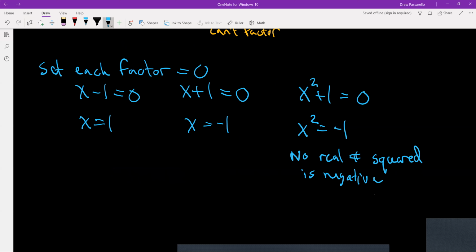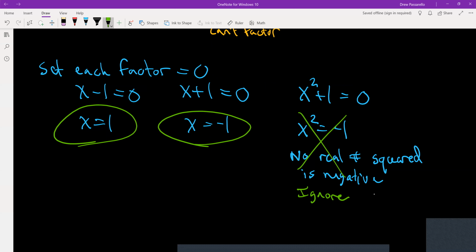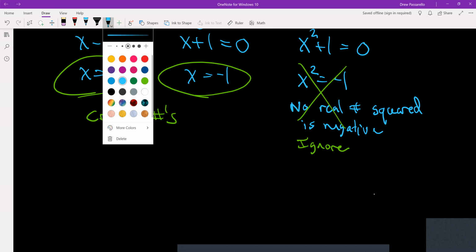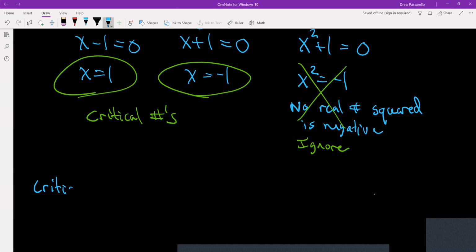So I ignore this one. Okay, so I have these two values as my critical numbers. All right, so critical numbers are 1 and negative 1. So I'll use C1 for negative 1 and C2 for positive 1. So I just listed the negative 1 first.